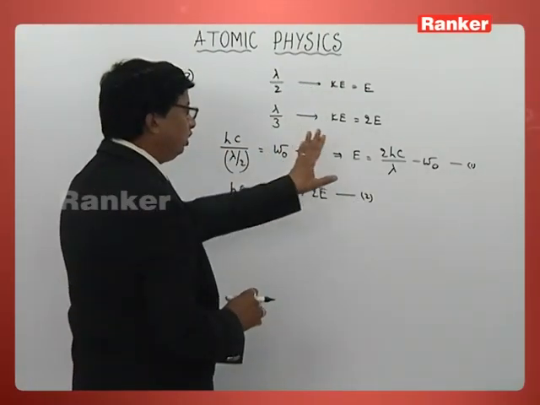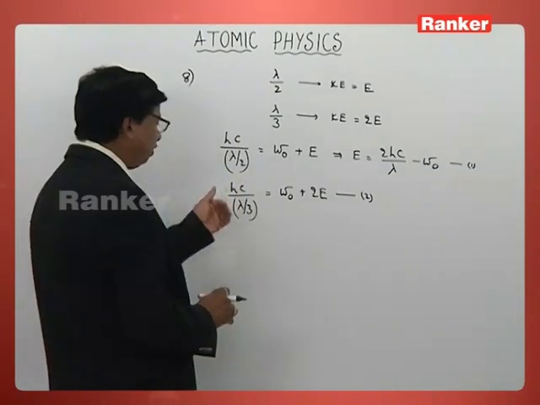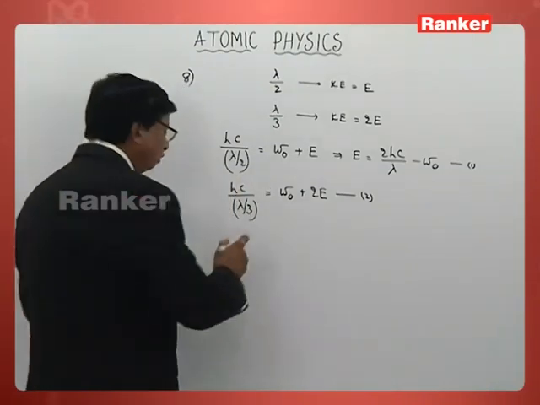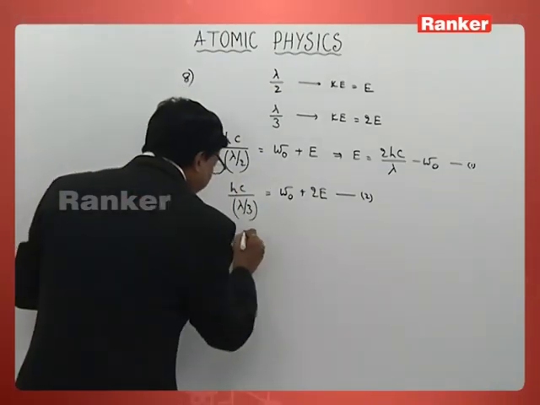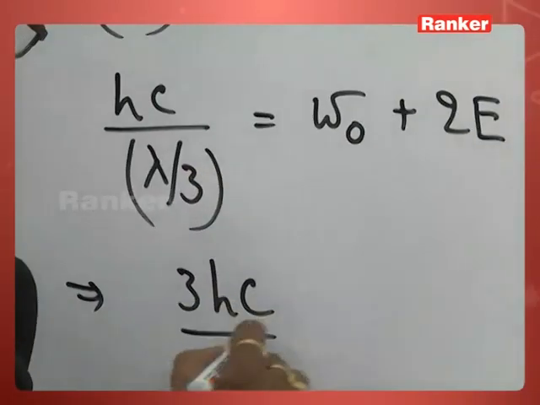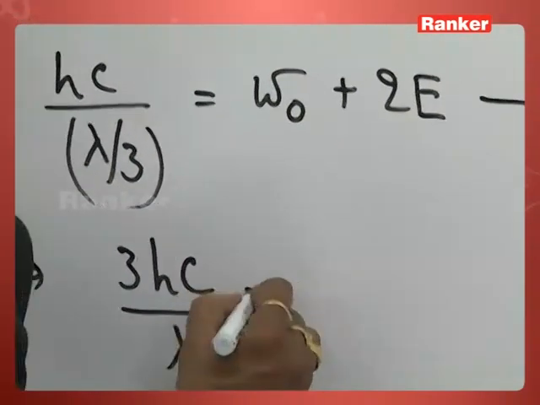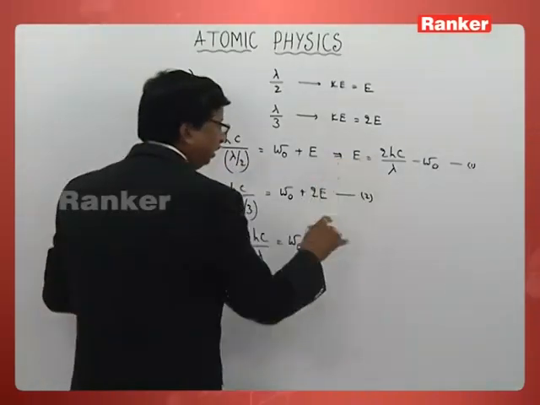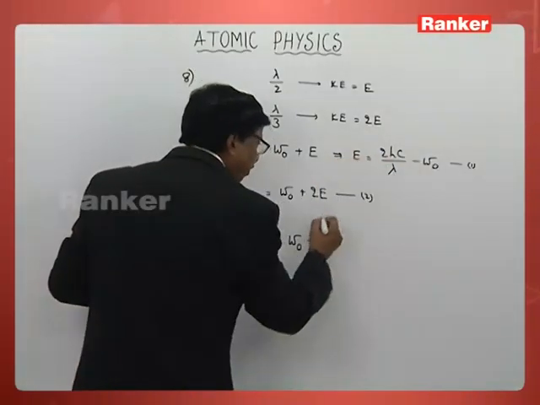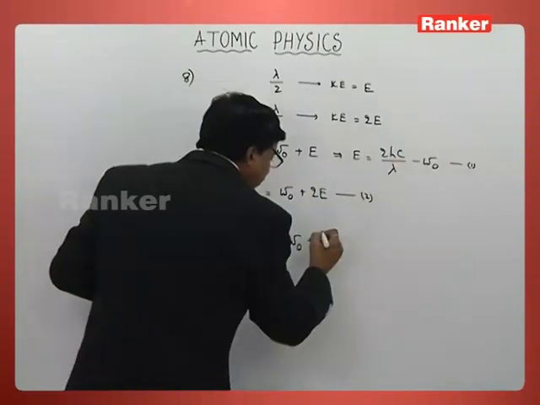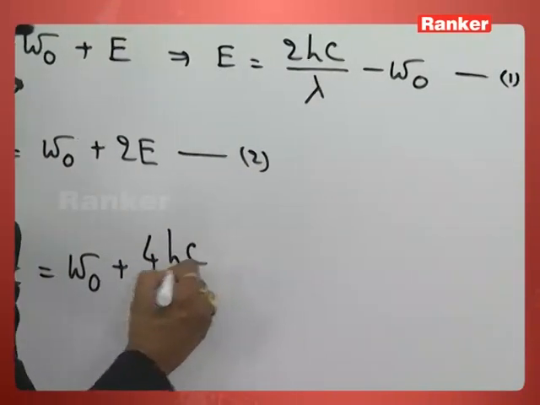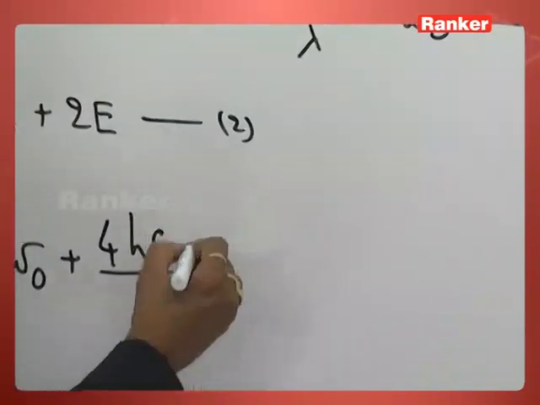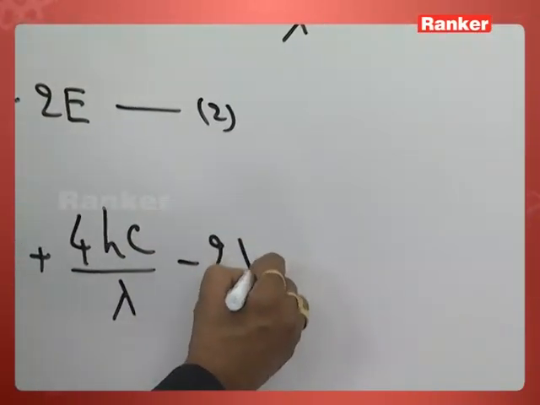Now substituting 1 in 2, what am I going to get? You can understand this way: 3 times Hc by lambda is equal to W naught plus 2 times E. Now you can write this one, 2 times this whole, that is 4Hc by lambda minus 2W naught.